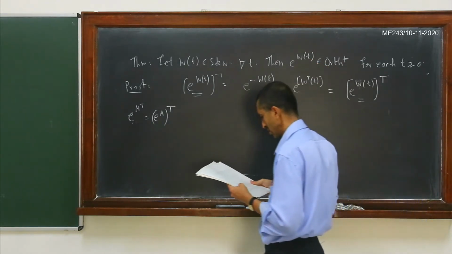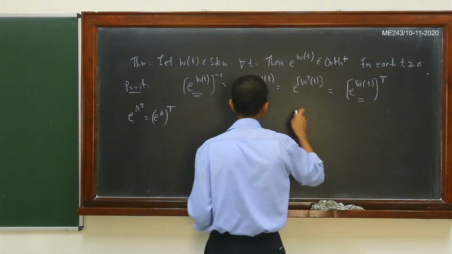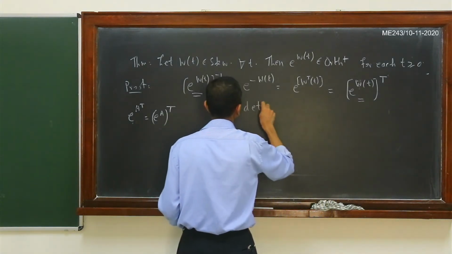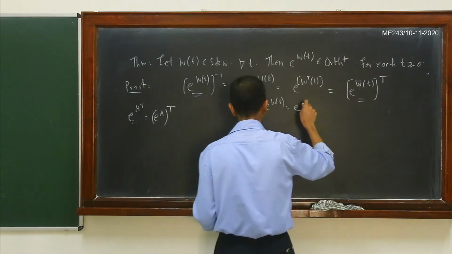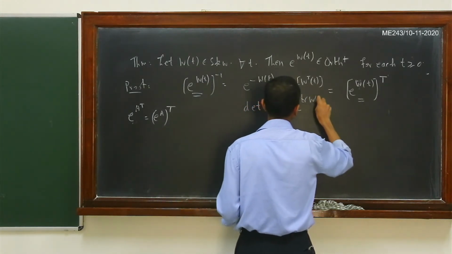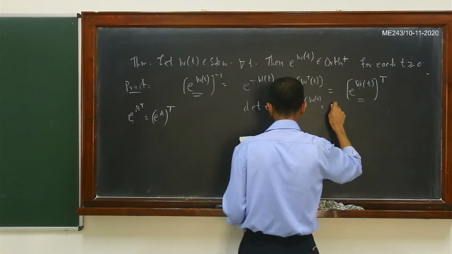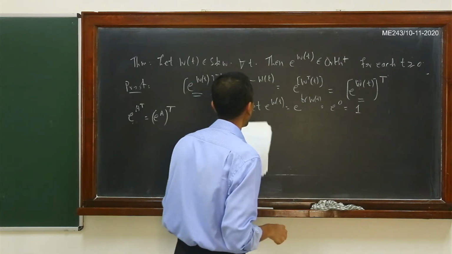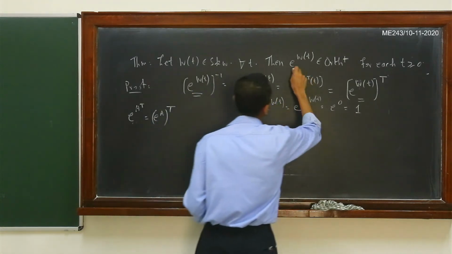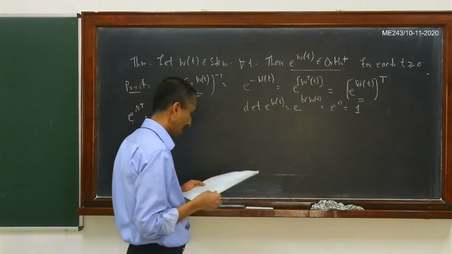So the determinant of e to the w of t is equal to e to the trace of w of t, which is e to the 0, which is +1. So hence e to the w of t belongs to orth plus, as is claimed here.